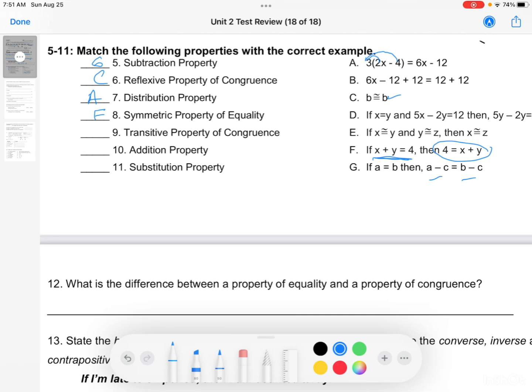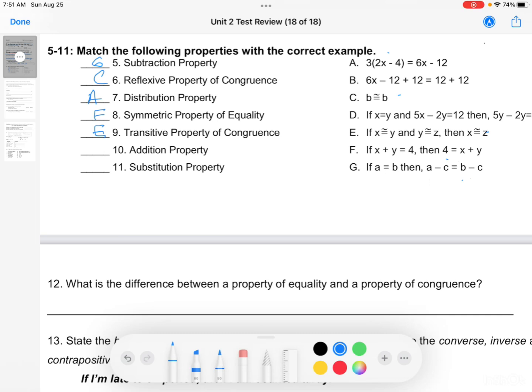Transitive property of congruence is two things equal to the same thing, and so basically they equal each other. So the transitive in this one is going to be E, because y equals z, and x equals z, so that means that x has to equal y because, again, they equal the same thing. So let me erase all that.